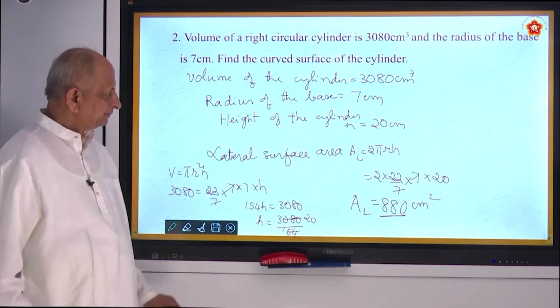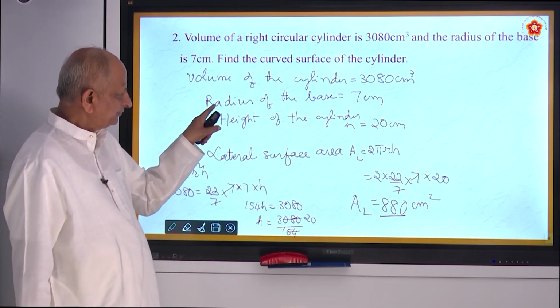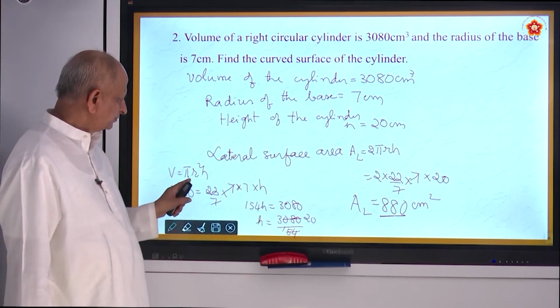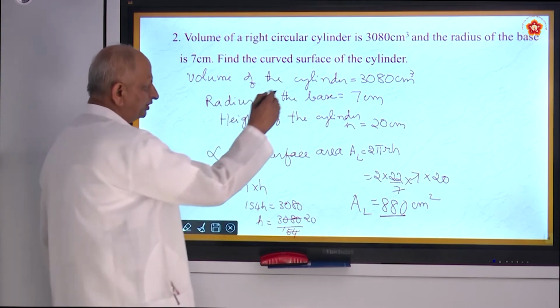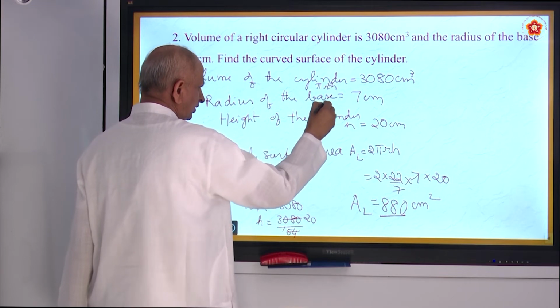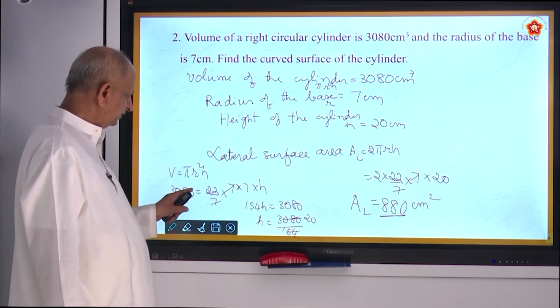So what have you done? You are given with volume and radius. Find out H. What is the formula for volume? Pi r square h. You are given with R, so find out H. How did you get it?